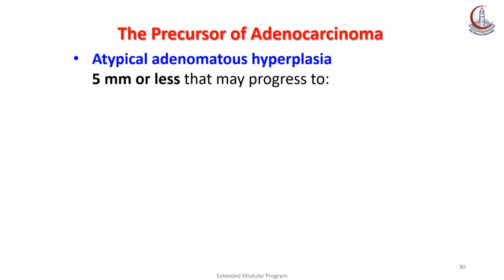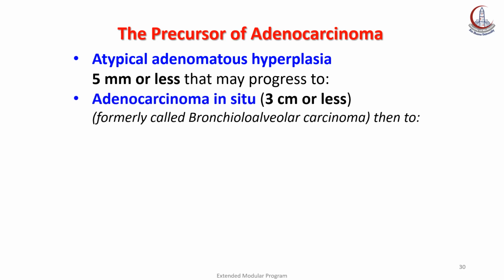We will continue the precursor of adenocarcinoma. The atypical adenomatous hyperplasia, the size is about 5 millimeter or less, may progress to adenocarcinoma in situ, about 3 centimeter or less. The previous term of adenocarcinoma in situ is bronchiolo-alveolar carcinoma.